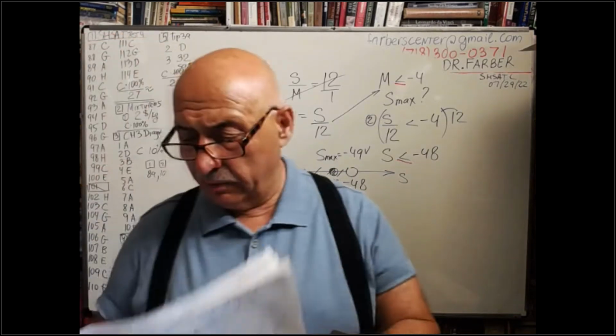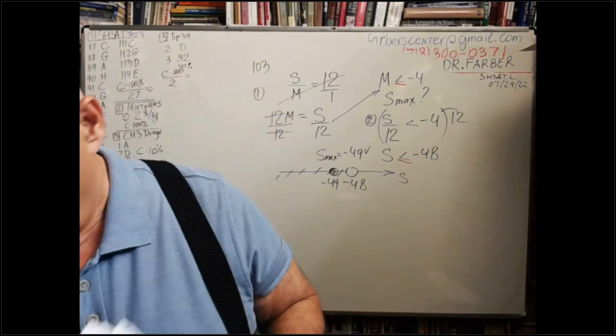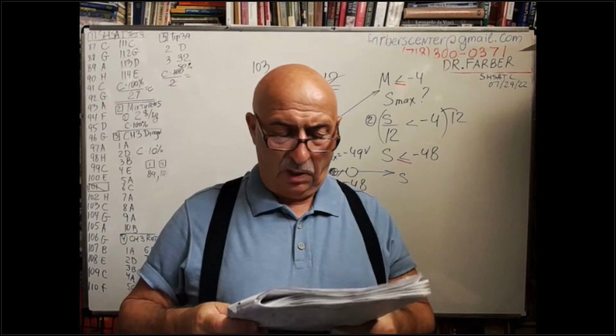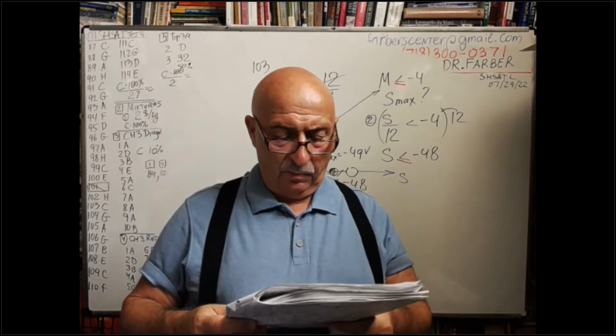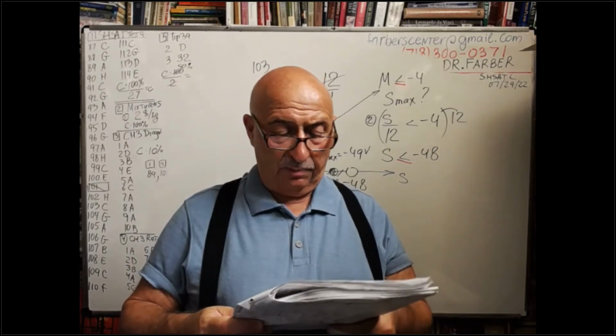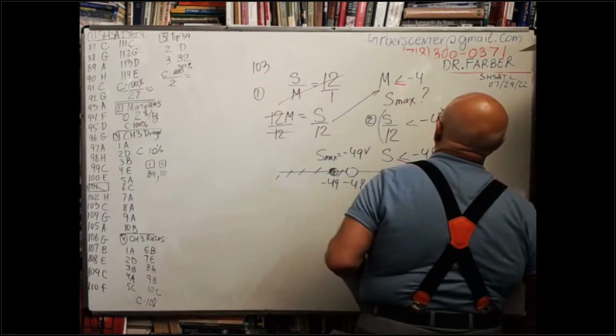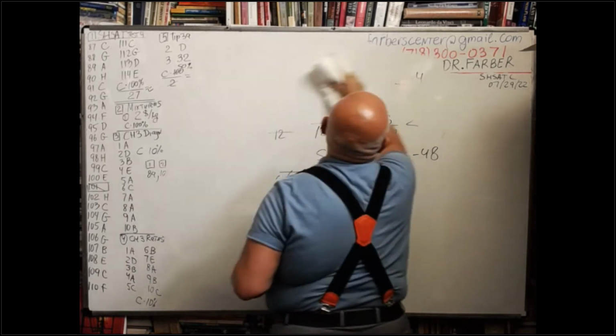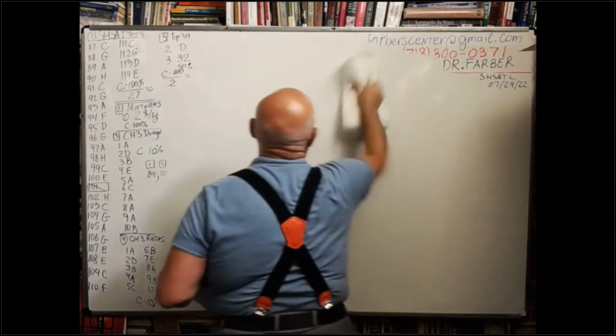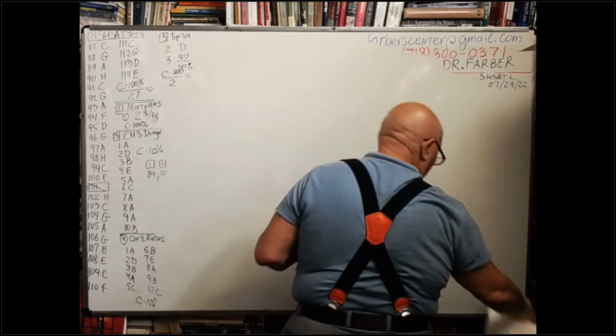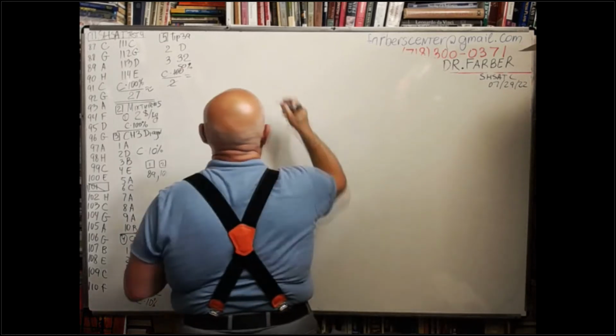Okay, what is it? 1 or 4. 1 or 4. Let me make a picture first. You also make a picture. Your picture is supposed to be bigger than this one.